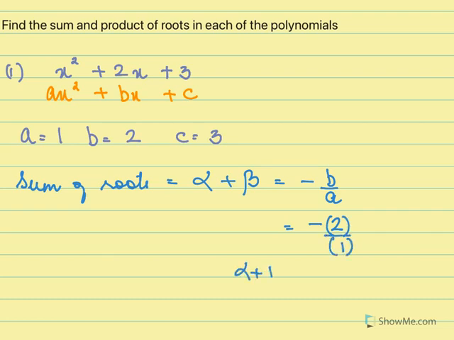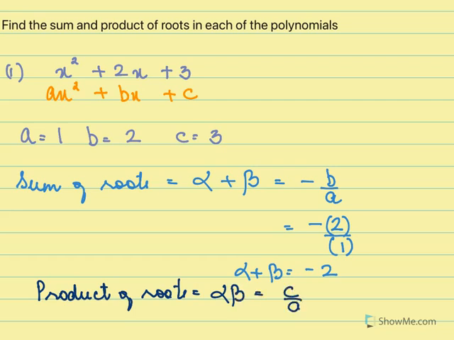So sum of roots equal to minus 2. Now product of roots is alpha beta, which is c by a. If you look up there, c is 3 and a is 1. So product of roots equal to 3.